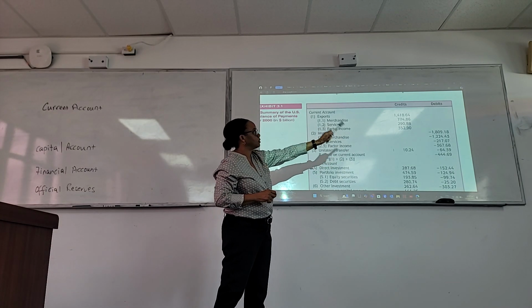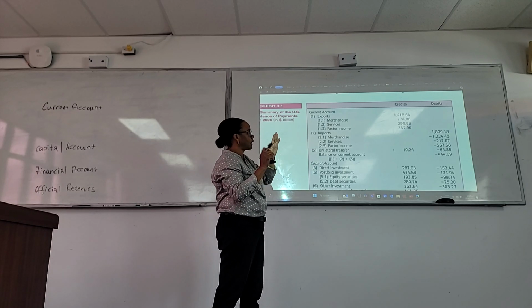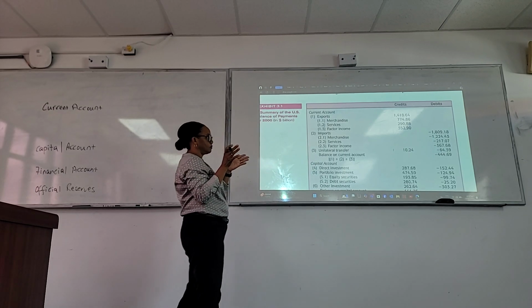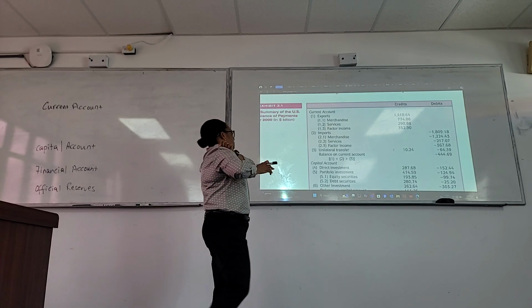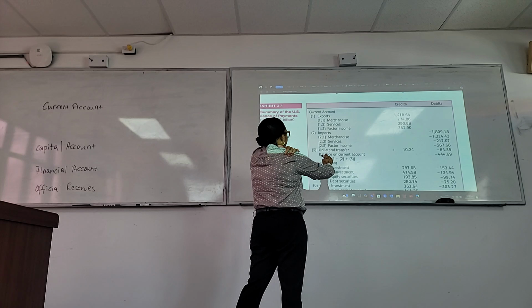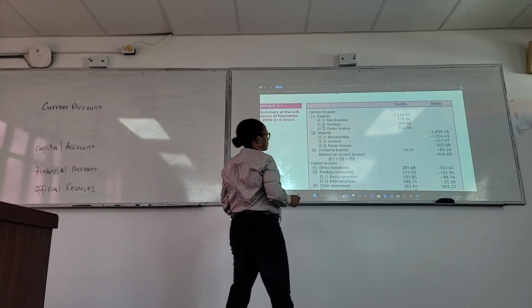That's debit, and notice it's set up like an accounting cash outflow, like an accounting spreadsheet, balance sheet. Then you have unilateral transfer.